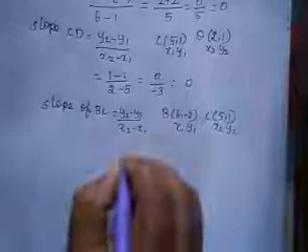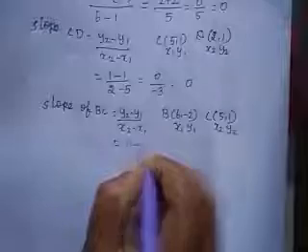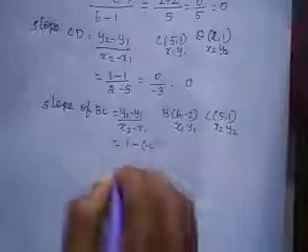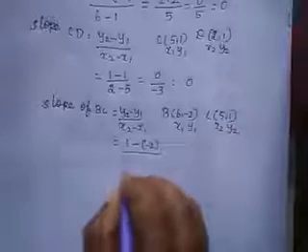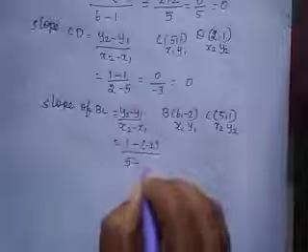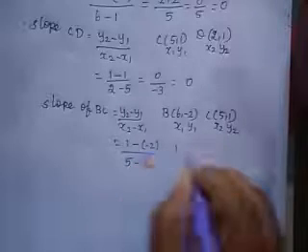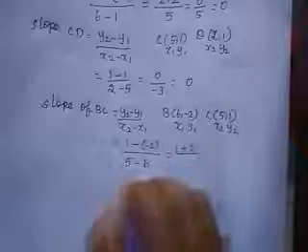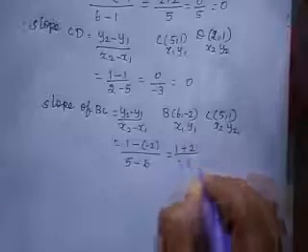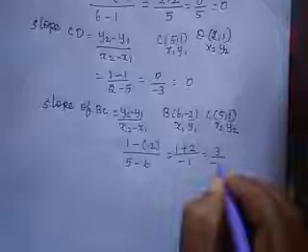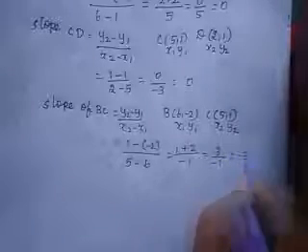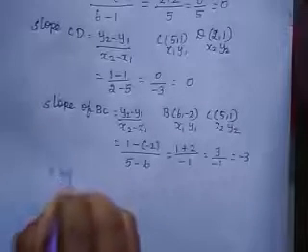Here y2 is 1, y1 is -2, x2 is 5, x1 is 6. 1 minus of -2 is plus 2, 5 minus 6 is -1. So that is 3 by -1, that is equal to -3. Next, slope of AD.